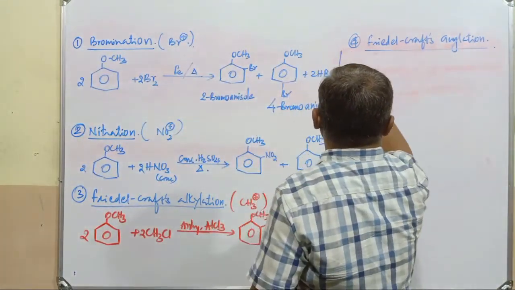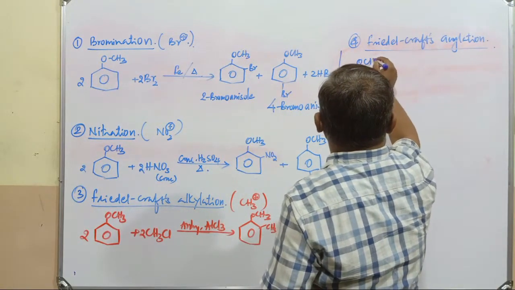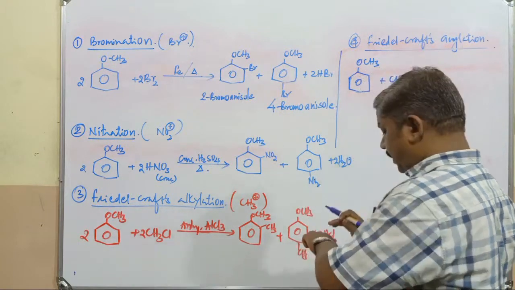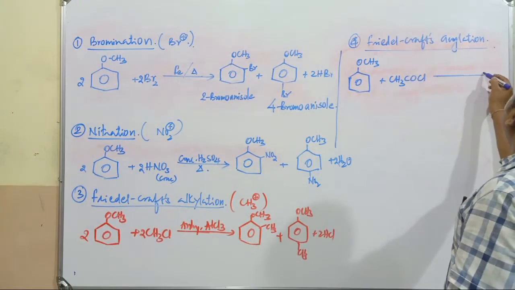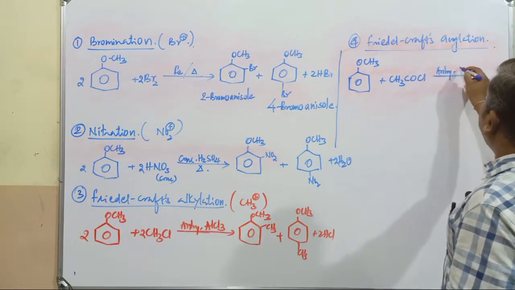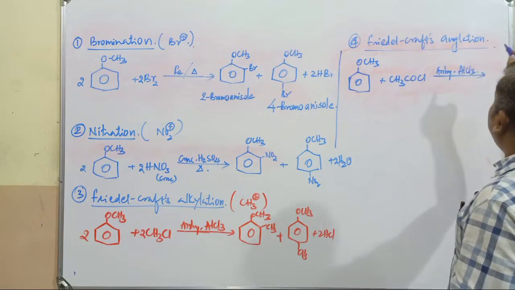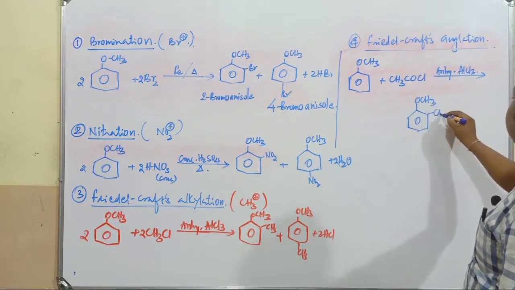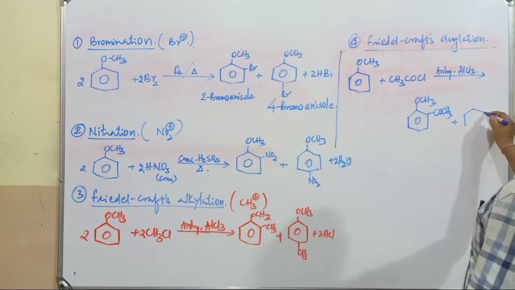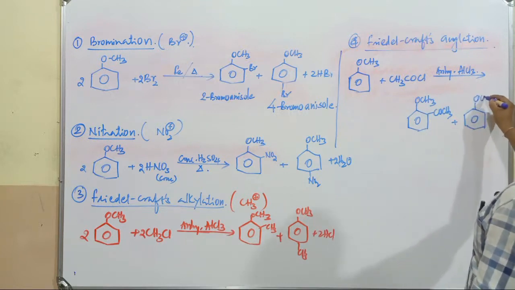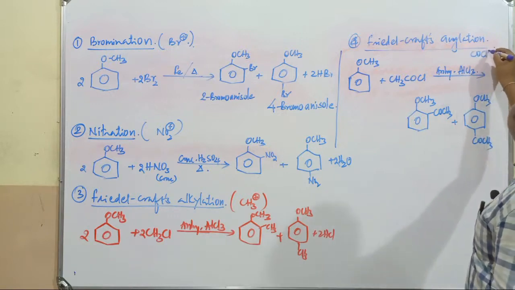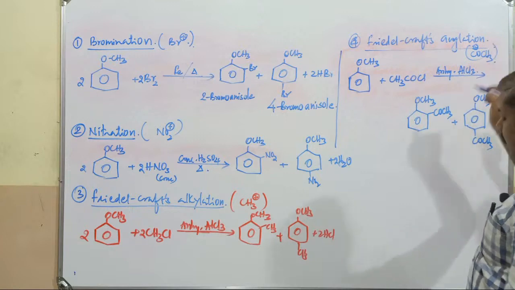Just take the anisole compound, this is OCH3 plus CH3COCl, acetyl chloride or ethanoyl chloride, anhydrous AlCl3. So the compound produced in this reaction is OCH3 and COCH3 plus another isomer OCH3 and COCH3. The electrophile in this case is COCH3, acyl carbocation.